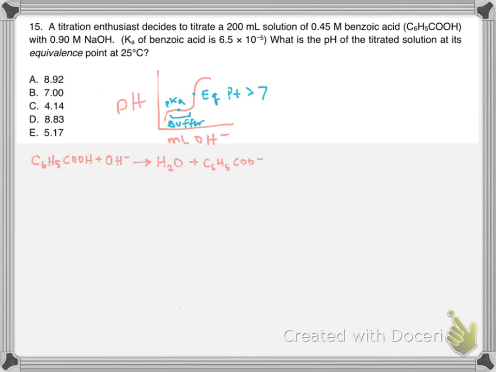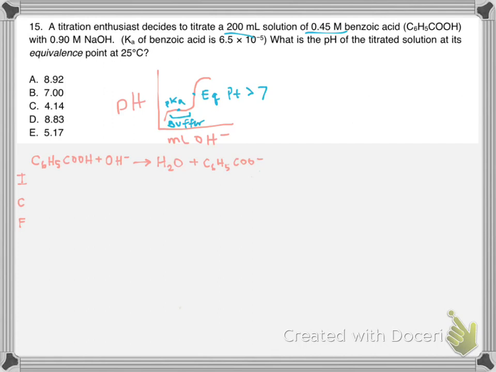Okay, and because this is a reaction, we're going to need our ICF table. And we know that for ICF tables, we always put in moles. So we're going to have to take the volume of benzoic acid and the concentration of benzoic acid to get to moles.